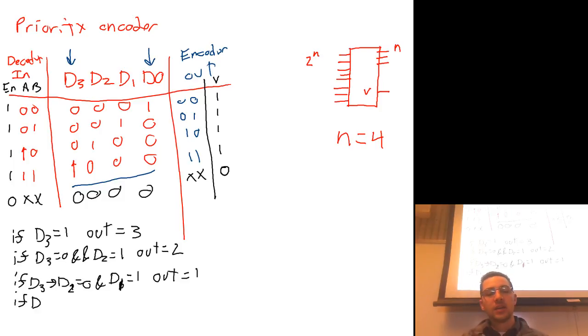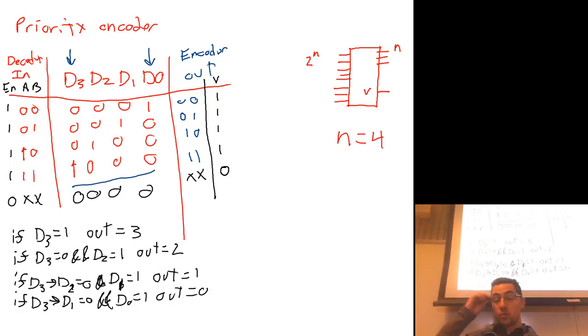If D3 through D1 is 0 and D0 is 1, our output is a 0, meaning our A and B outputs here. All of these have a valid of 1. Valid is 1, valid is 1, valid is 1.